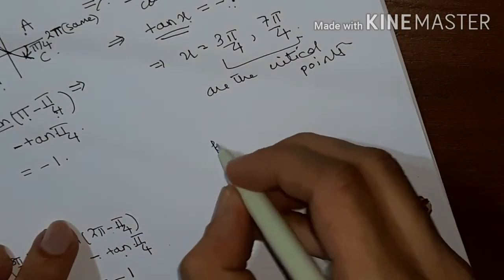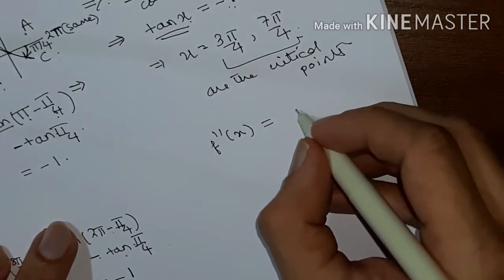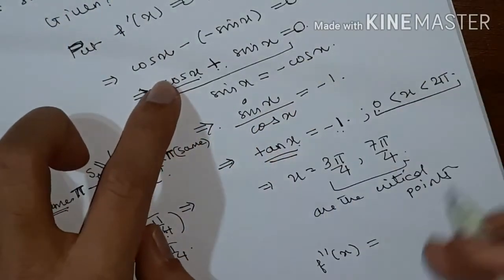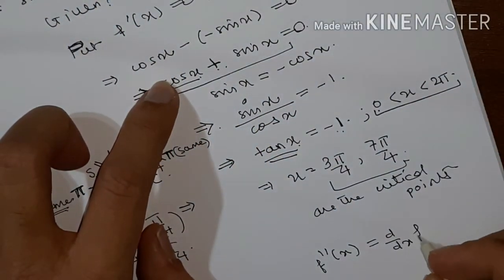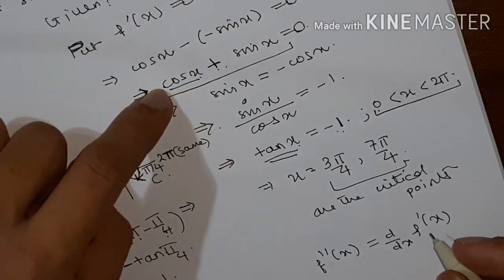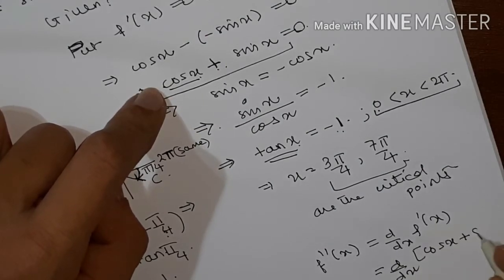Now after finding the critical points, what you have to do? You have to find the double derivative of the function. So f double prime of x is nothing but the derivative of f prime of x. F prime of x is this simplified form. So that is nothing but the derivative of cos x plus sin x.